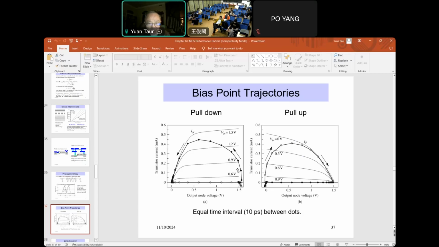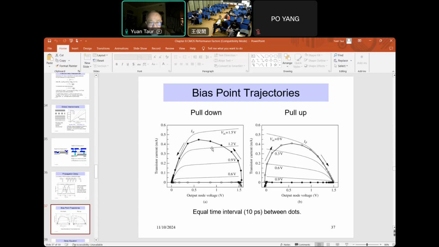So this is a trajectory with 10 picosecond between dots. So we can understand that the current that's discharging the output node is less than the highest saturation current for V equal to 1.5 volt.